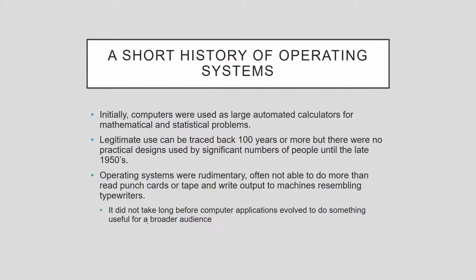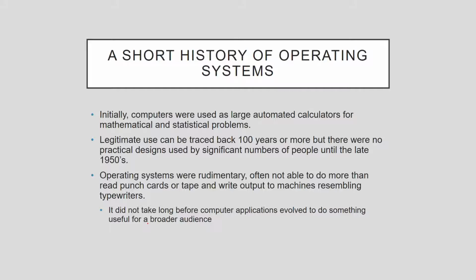Yes, there was computer history before this point, but it did not involve any sort of operating system. Any program that the computer ran had to include all logic to control the computer.